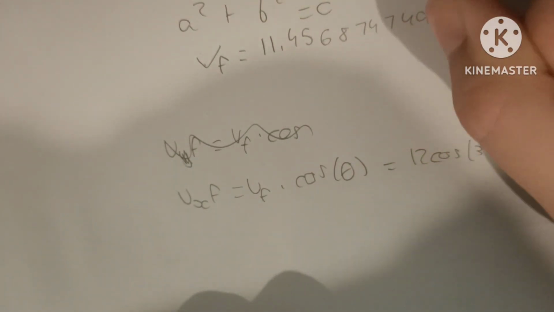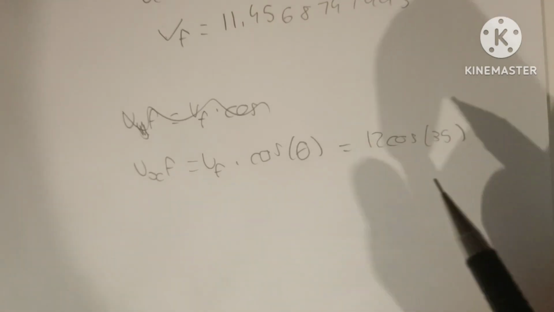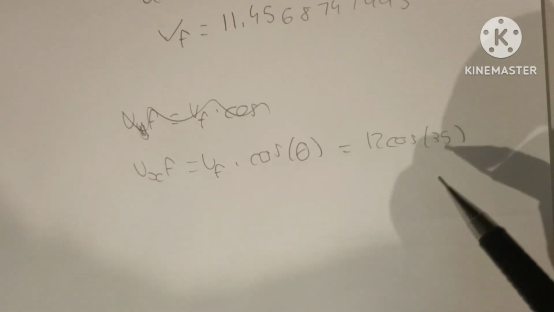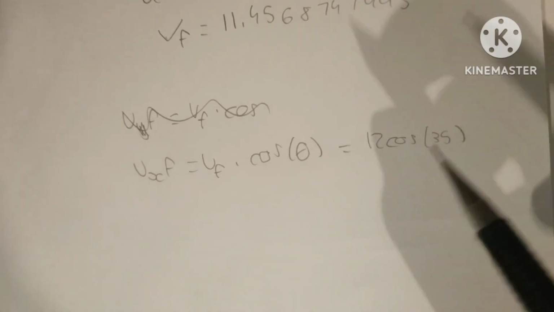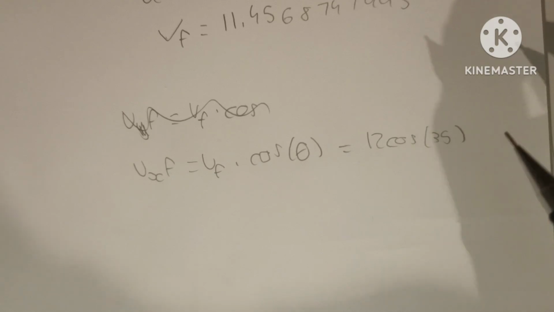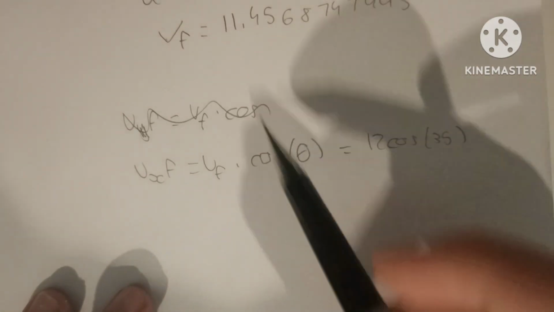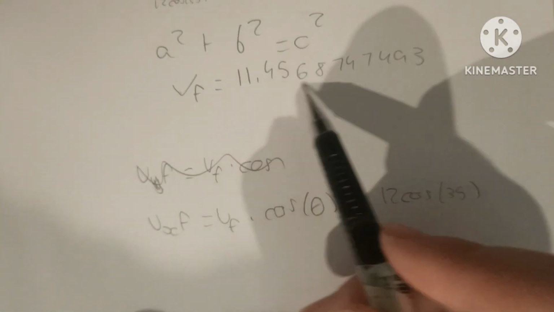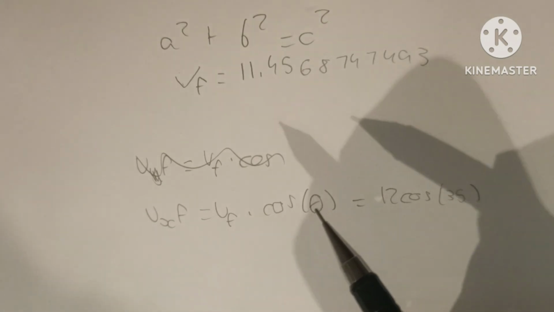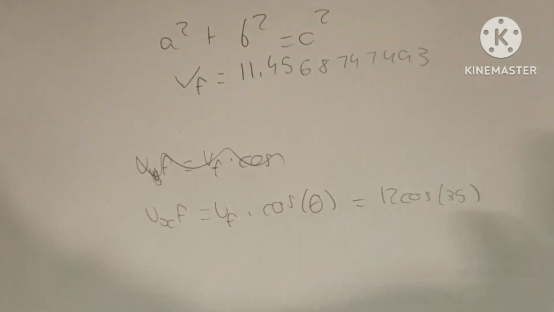So from this, we could work that out as a number. I don't know the exact number off the top of my head, but then we can divide it by our final velocity here, and then that will give us the cosine function.